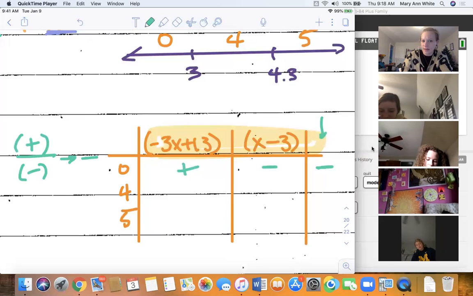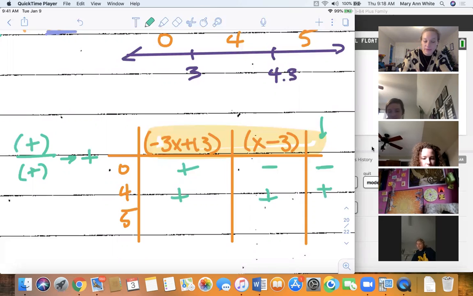We'll do the next one and see how it works too. 4 times negative 3 is negative 12. Negative 12 plus 13, that's positive. And then 4 minus 3, that's also positive. This time I'm doing a positive divided by a positive. Well, a positive divided by a positive stays positive. And then I've got 5.